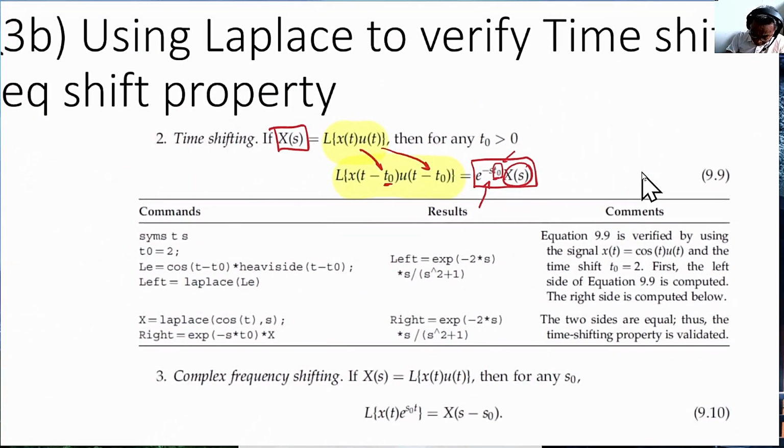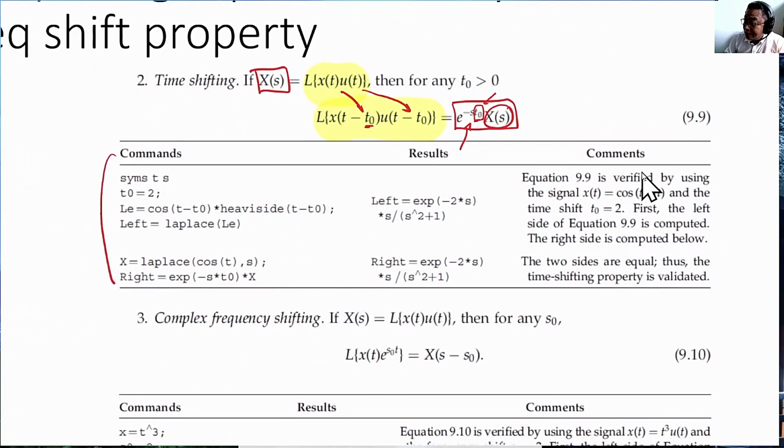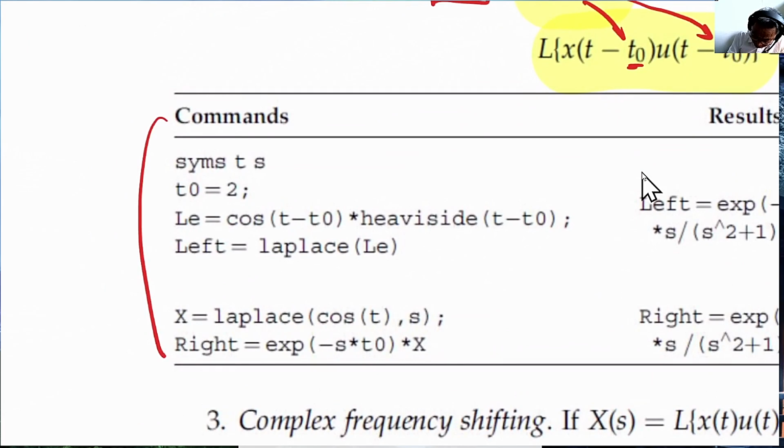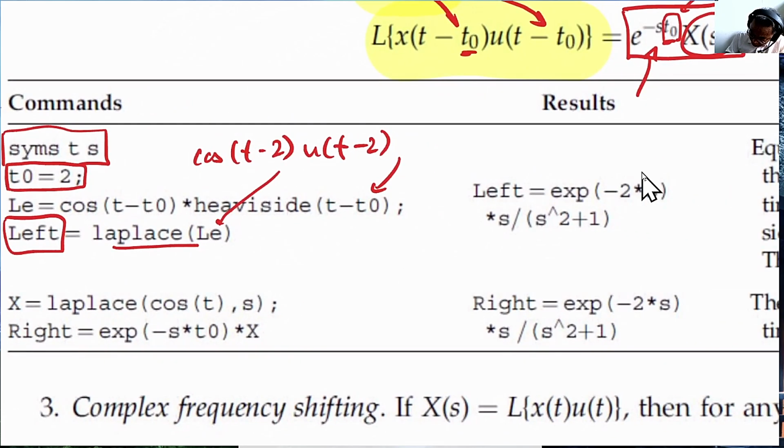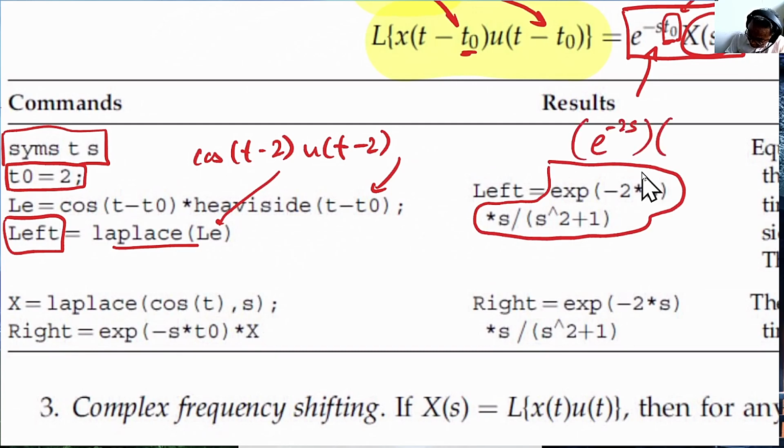Now this example shows how we can use MATLAB to show that they are the same. So let's try. First we declare t and s to be symbols, t0 to be 2 seconds, and we have cos(t-2)u(t-2) here, and we perform the Laplace transform of this, and we get the expression here, which is e^(-2s) multiplied by what we expect would be s over s squared plus 1.